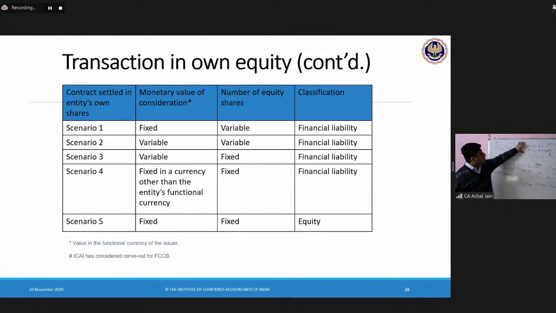Now, for this instrument, let's suppose the number of shares is fixed and the amount is also fixed. Correct? So it has passed test number 1 for equity, and test number 2 also for equity. From the holder's point of view, what will you call this instrument?